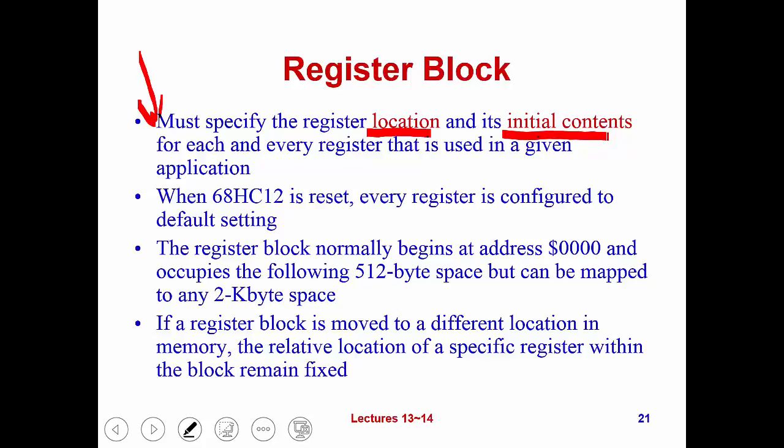Now, in general, when we reset our microcontroller, every register is configured to have its default setting. Also make sure those 512 bytes of register blocks begin at address 0000.